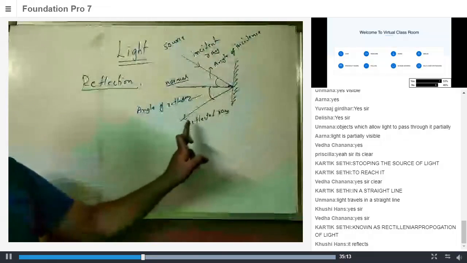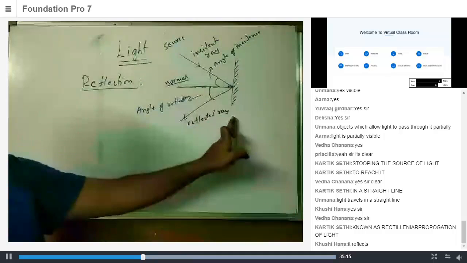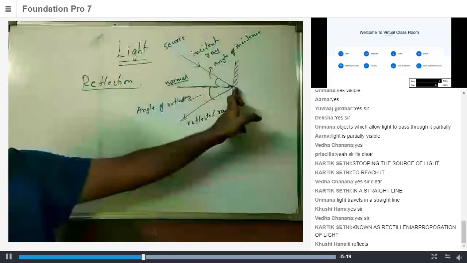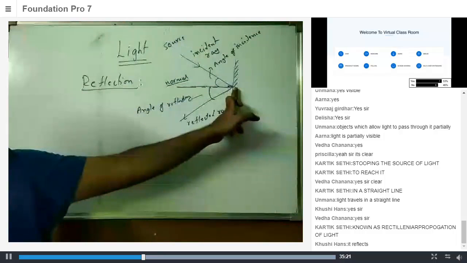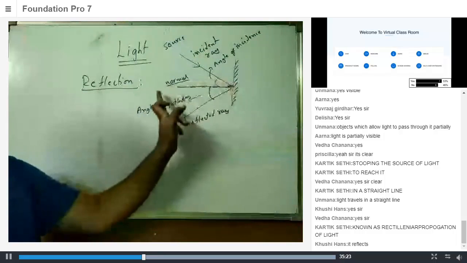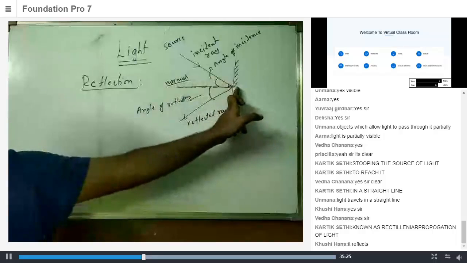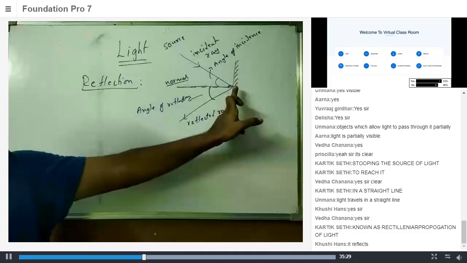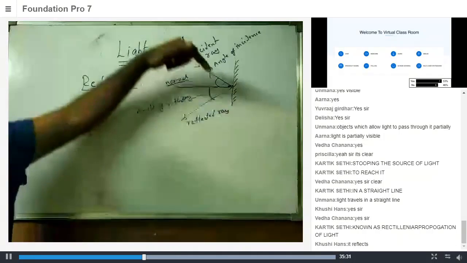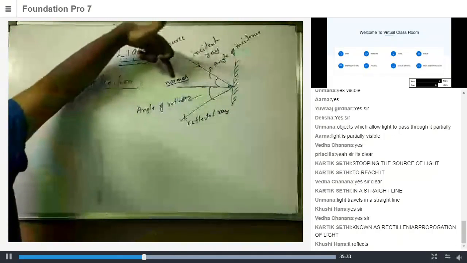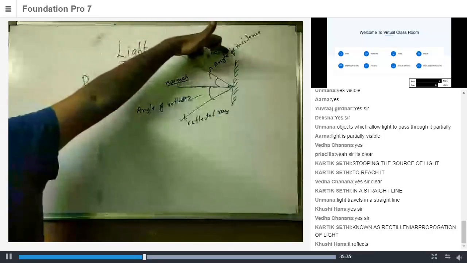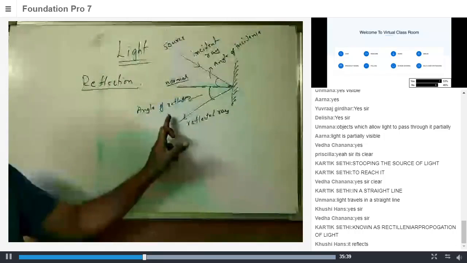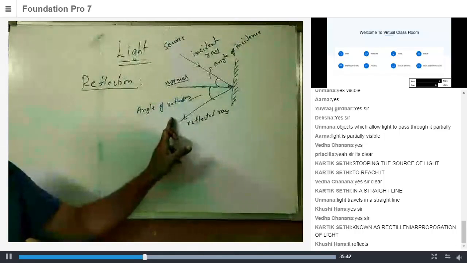The ray which is reflected from the surface is called the reflected ray. A normal is a perpendicular drawn at the point where the ray is incident on the surface. The angle between the incident ray and the normal is called the angle of incidence. The angle between the reflected ray and the normal is called the angle of reflection. I hope it is clear.